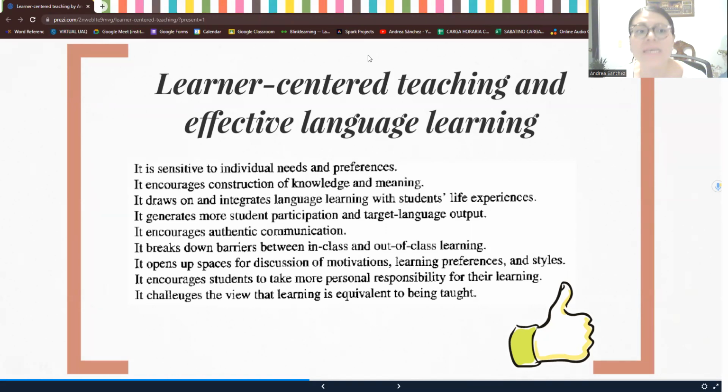Instead of just delivering the contents, you build the knowledge with your students. It draws on and integrates language learning with students' life experiences, which makes all the learning experiences meaningful. It generates more students' participation and target language output. Basically, since you make your students feel comfortable, they are going to participate more, and through these participations, they are going to produce the language more.